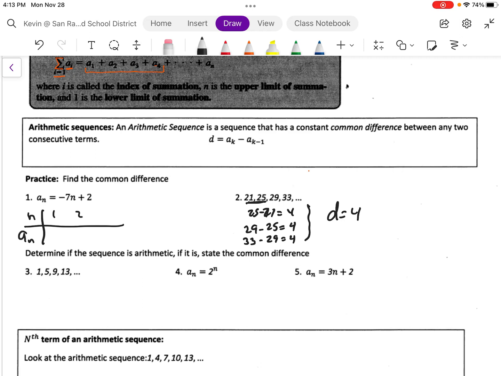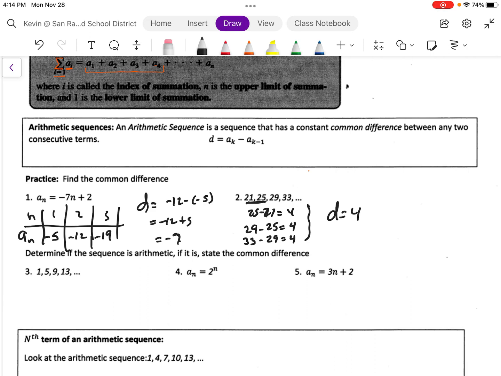We'll just do 3 terms: 1, 2, 3. Plugging those in, negative 7 times 1 plus 2 is negative 5. Negative 7 times 2 plus 2, negative 14 plus 2, is negative 12. Negative 7 times 3 plus 2, negative 21 plus 2, is negative 19. Then d equals the second term, negative 12, minus negative 5, which is negative 12 plus 5 equals negative 7.